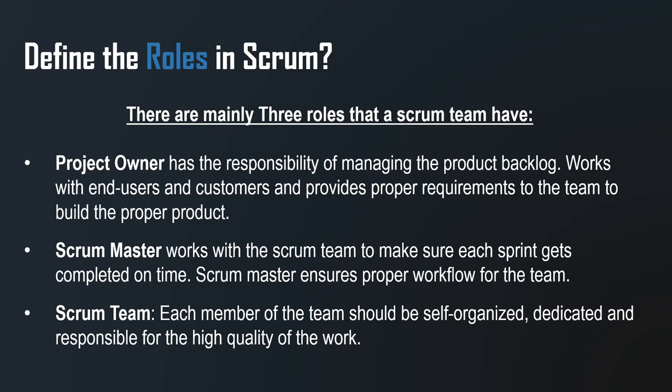He will work with the end users and customers and provide proper requirements to the team to build the proper product. Scrum Master. Scrum Master works with the Scrum team to make sure each sprint gets completed on time. Scrum Master ensures proper workflow for the team.